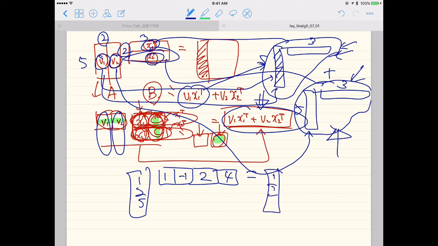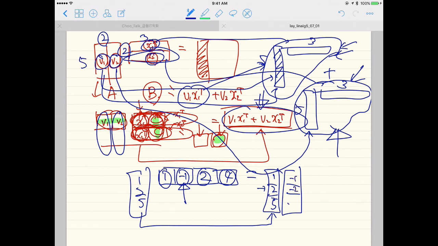Let's think about each of these elements as a linear combination coefficient. But now we have only one vector, so it is just a scalar multiple of this vector by 1. And the second vector is the scalar multiple by -1, so -1, -2, and -5.